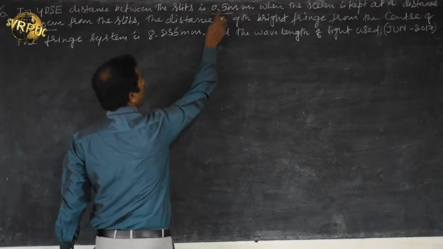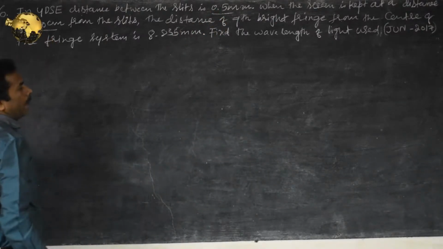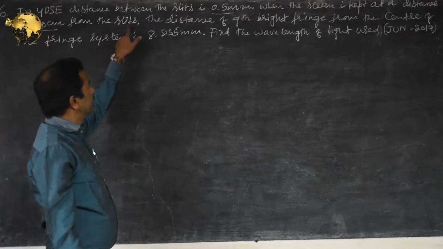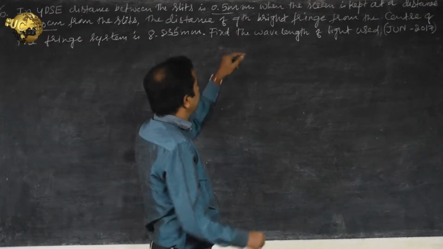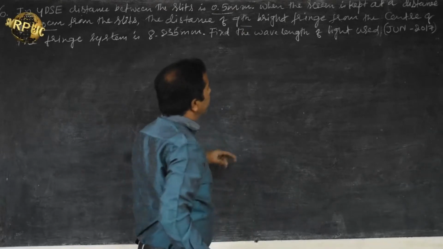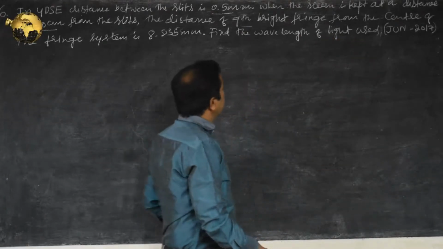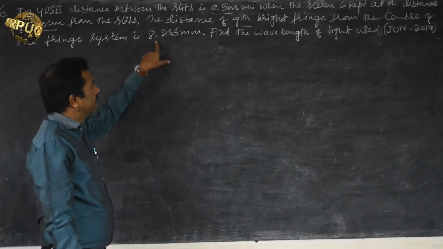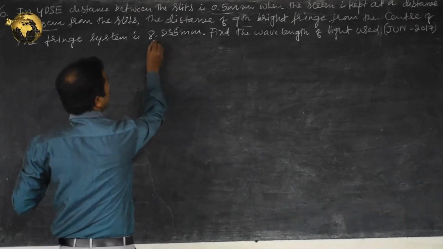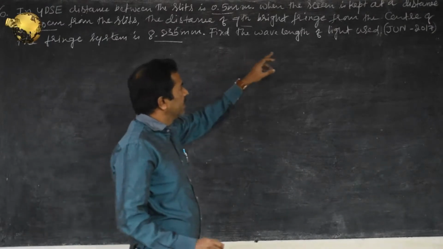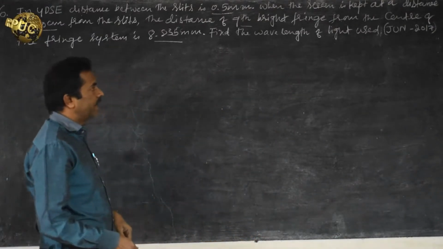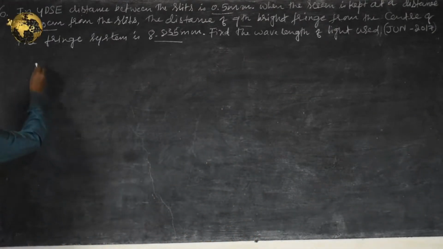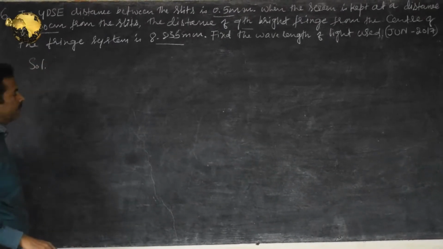So this is small d and this is capital D from the slits. The distance of the ninth bright fringe from the center of the fringe system is 8.835 millimeter. This is xn. Find the value of the wavelength of light required. So let us go through the solution.